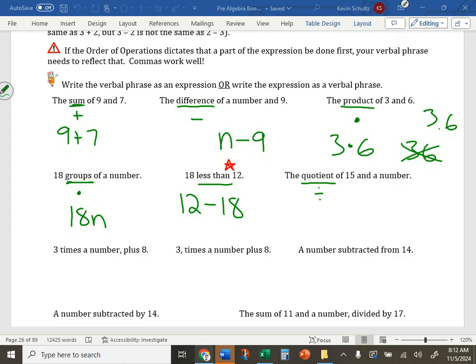Horizontally, the quotient of 15 and a number would be 15 divided by n, right? Vertically, remember, we can write this as a fraction, and that's actually where our division symbol comes from. A dot, a fraction bar, and a dot means division. We can write this as 15 divided by n. Okay, that fraction bar means division.